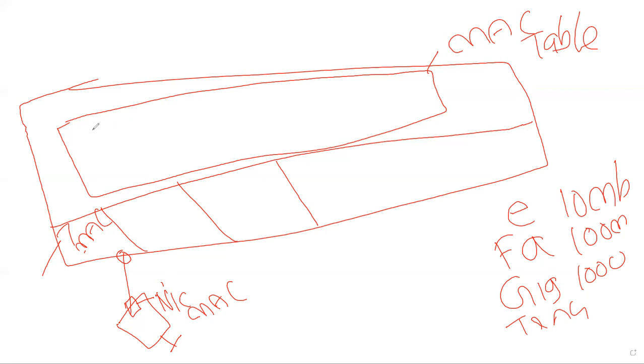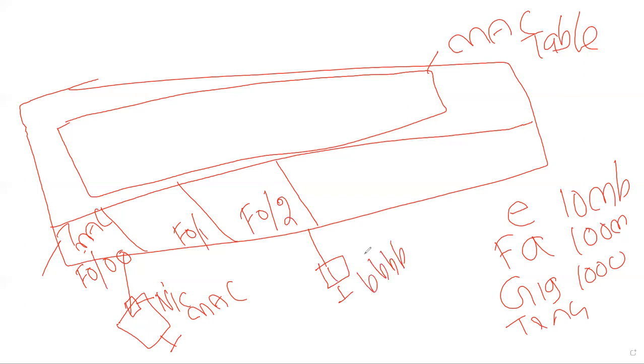For example, the switch has port numbers like F0/0, F0/1, F0/2. F means Fast Ethernet, which is 100 Mbps. I connected another system here. Let's say this is PC2 and its MAC address is BBB. This is PC1, and its MAC is AAA.